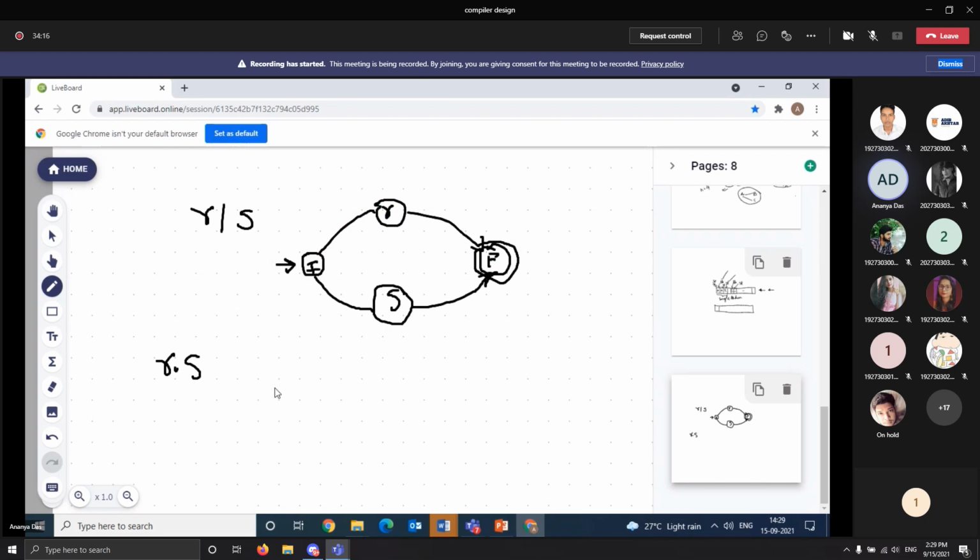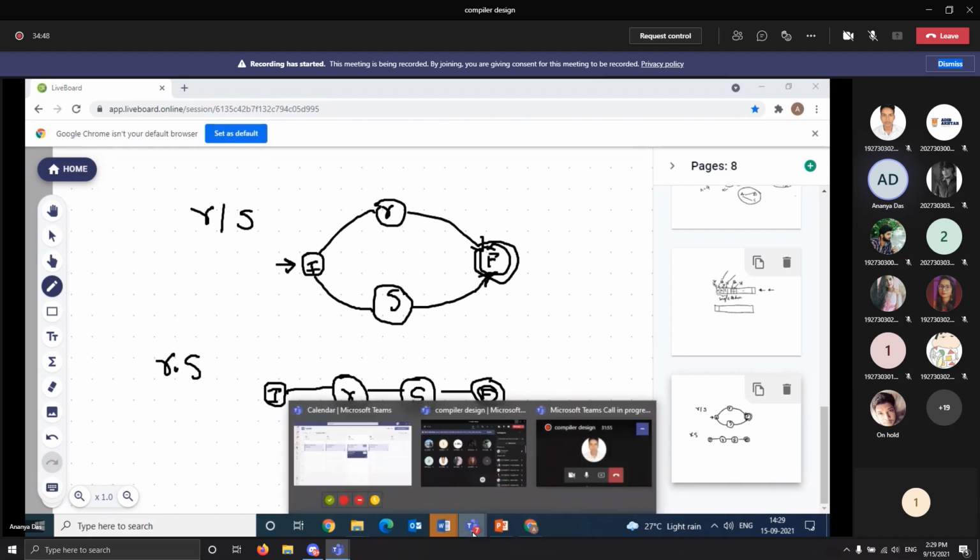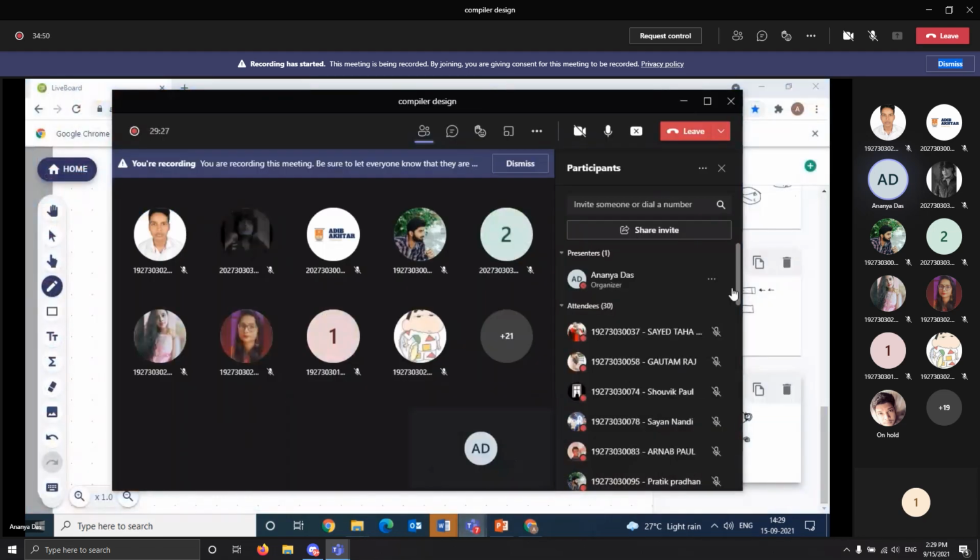So that means you have started from your initial state I, then your first symbol will definitely be R, then followed by the second symbol will be S. Only after S will it take you to the final state. Okay. Anyone is having any doubt?